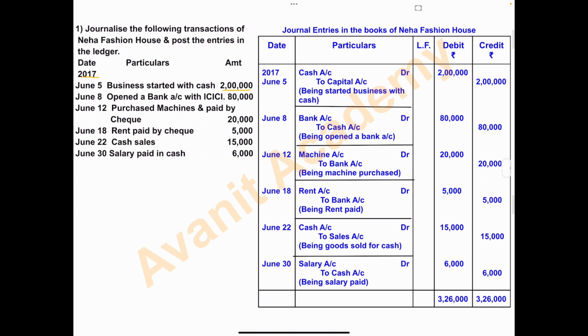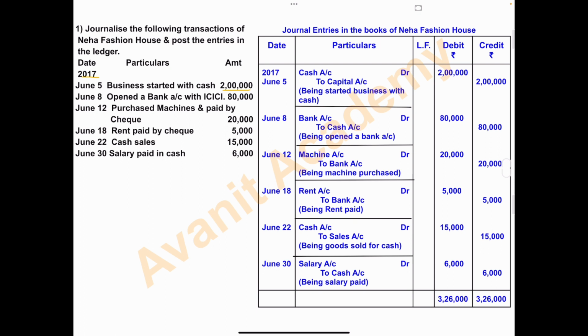Cash is an asset. Started business with cash means the cash balance will increase, and increase in assets or increase in cash balance is to be debited. So cash account is to be debited, and the second one is capital account. So what is the rule for capital?